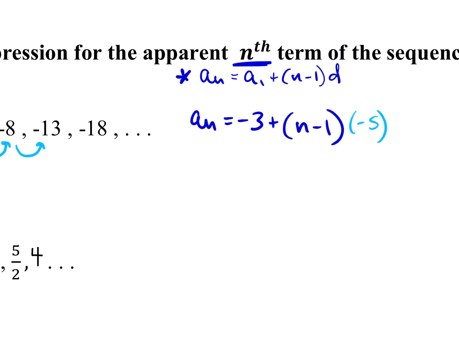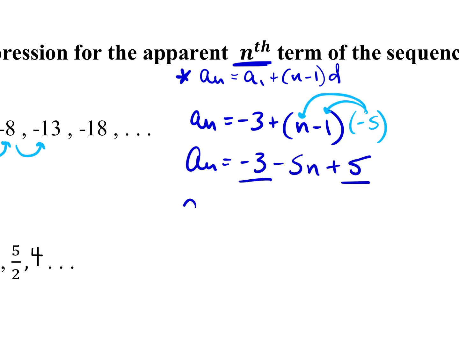You can leave it like this or simplify it. You can distribute the negative 5. So this would be a sub n is equal to negative 3 minus 5n plus 5. And then combine the like terms. So a sub n is equal to negative 5n plus 2.